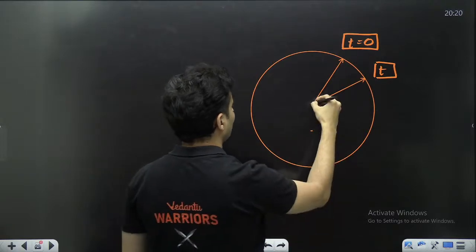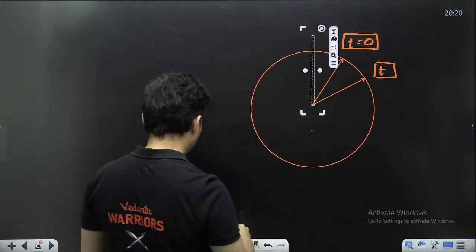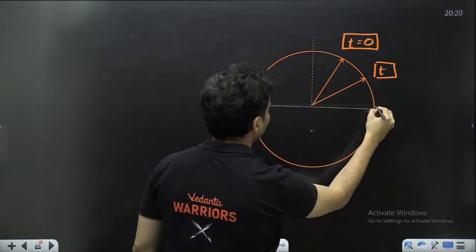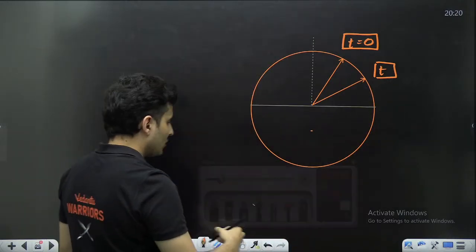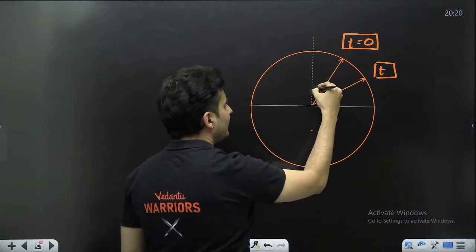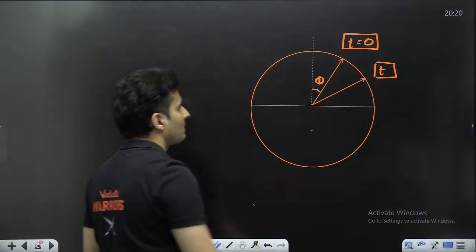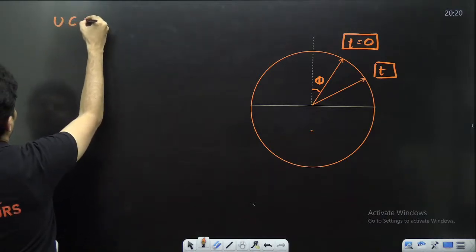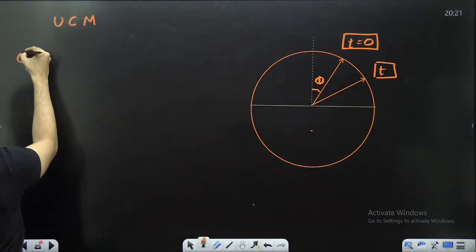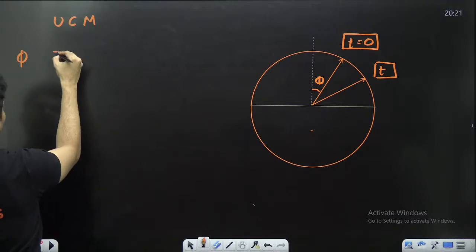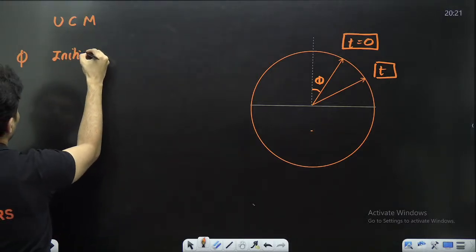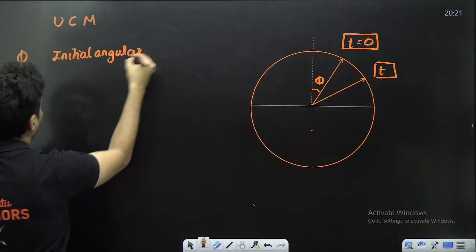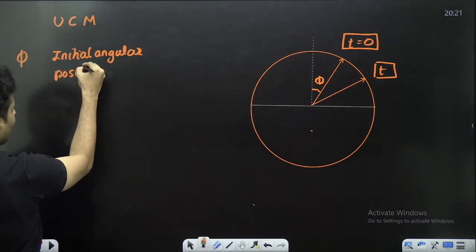Let me just draw a few things and then I'm done over here. So this angle phi, in uniform circular motion, what is it called? It is your initial angular position.